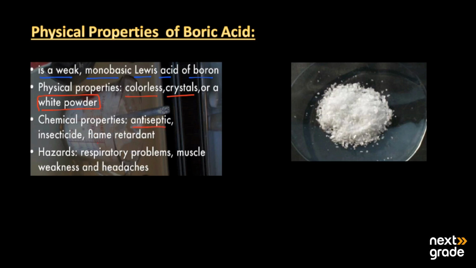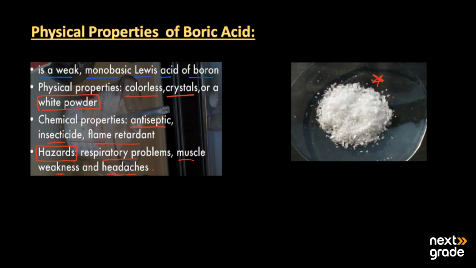On the other hand, we have its many other properties. It is antiseptic, an insecticide, a flame retardant, and we also have its side effects or hazards. It causes respiratory problems. It can also weaken the muscles and cause headache. So these are some problems created by boric acid. Its physical state is solid or powder form.